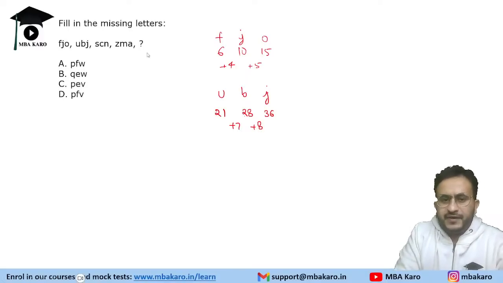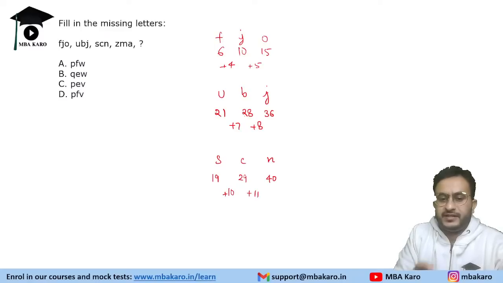Right. Now we can find what the increase is. Similarly, S, C, and N. S is 19. C is 3 or 29, and N is 14 or 40. So increase of 10 and 11. Right.